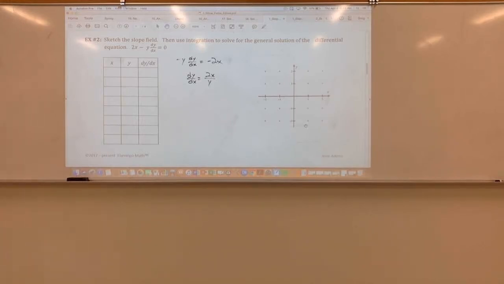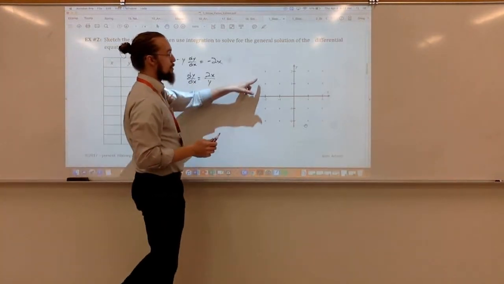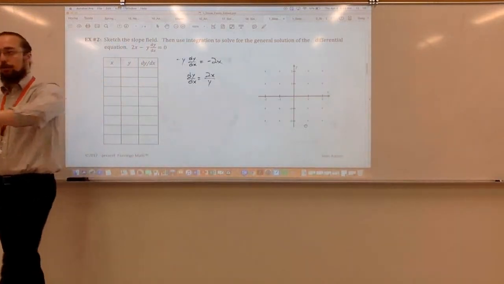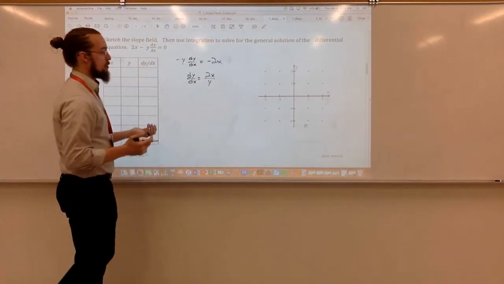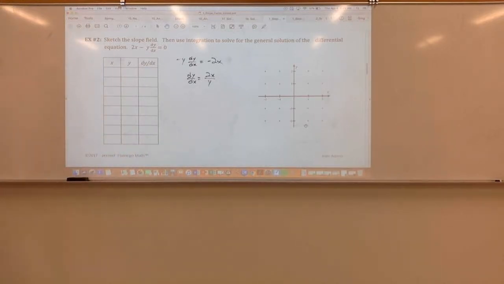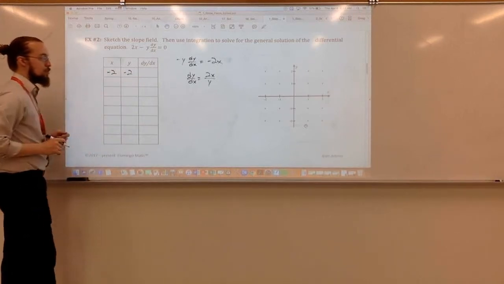Now, this isn't going to be as easy as plugging in x equals negative 2 and it's going to be the same slope everywhere. It's going to change now since my derivative is in terms of both x and y. So let's just start picking some points here and see what happens. Let's plug in negative 2, negative 2.